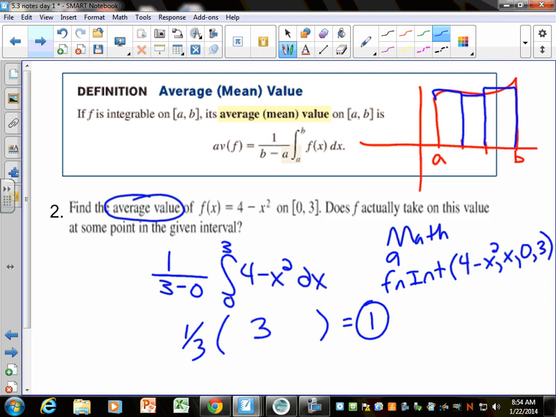So it says, does f actually take on this value at some point in the given interval? Will 4 minus x squared equal 1 at some point? And you could just work it out. Will f of x equal 1 somewhere between 0 and 3? Can I just plug in 4 minus x squared equals 1 and do some algebra?